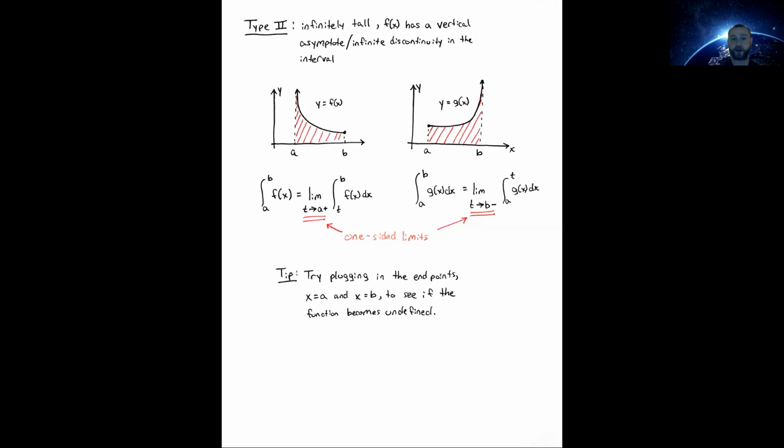For these ones that we're calling type 2, you might want to try plugging in the endpoints, x equals a and x equals b, into the function to see if it becomes undefined. Almost always, for the simple functions we encounter in the calculus sequence, if there's an undefined function value, there's a vertical asymptote in the graph at that x value.